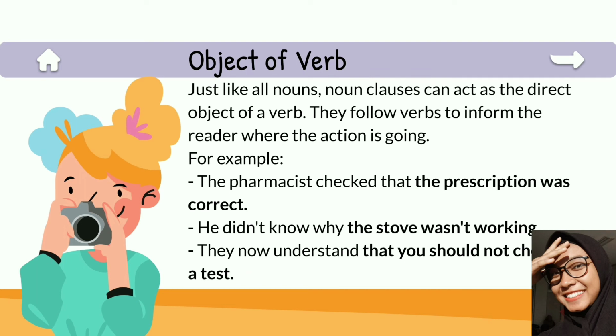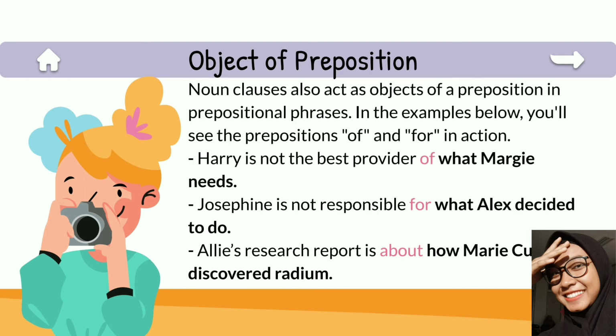As the object of a verb, they follow verbs to inform the reader where the action is going. For example, the pharmacist checked that the prescription was correct. Here, that the prescription was correct is the noun clause. Noun clauses also act as objects of a preposition in prepositional phrases.